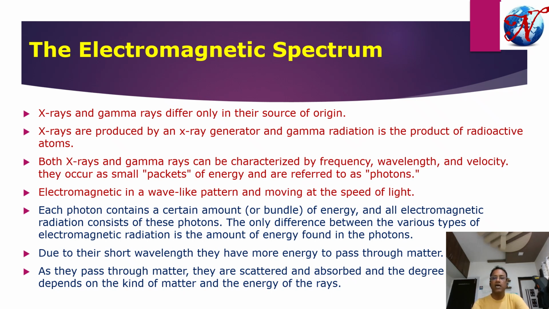When we talk about the electromagnetic spectrum, all the radiation sources emitting gamma radiation or X radiation fall under the category of the electromagnetic spectrum, and each has some unique energy.